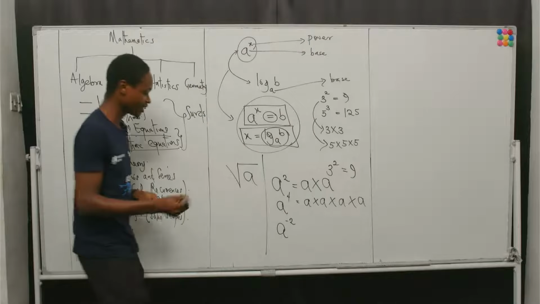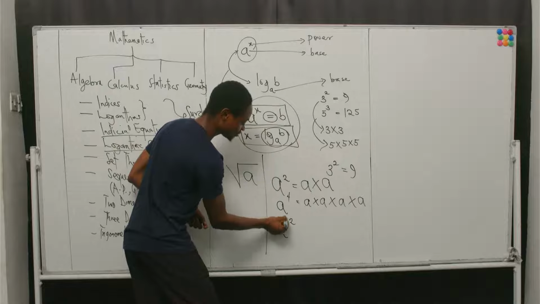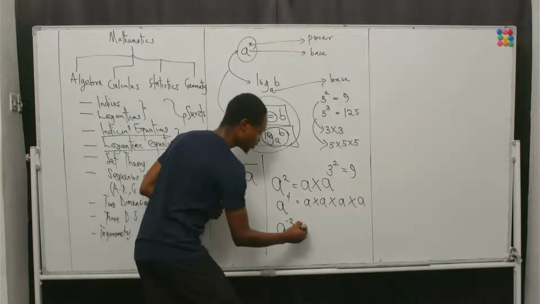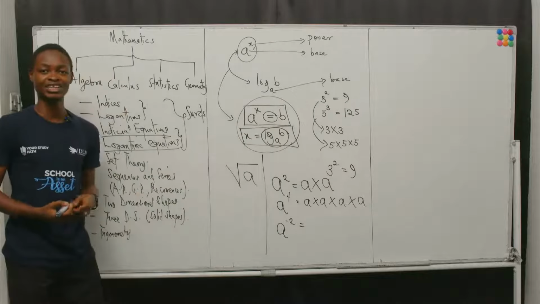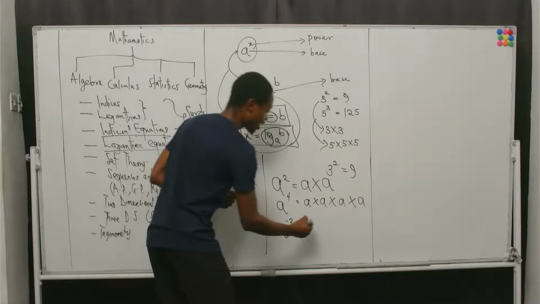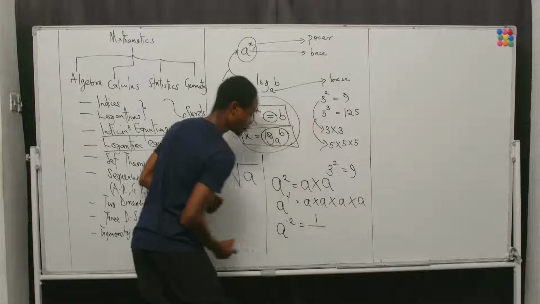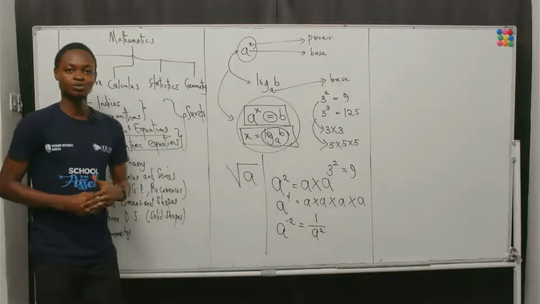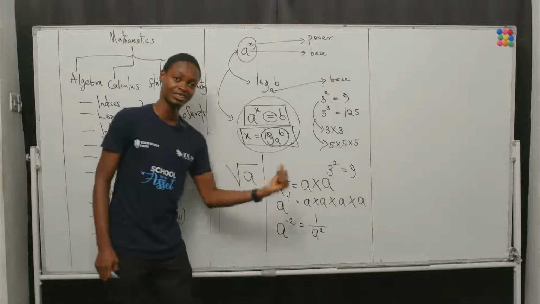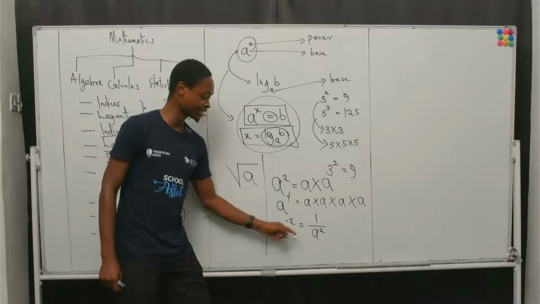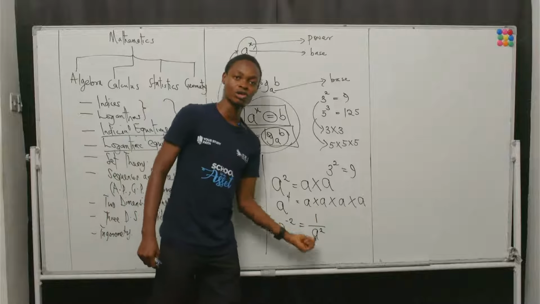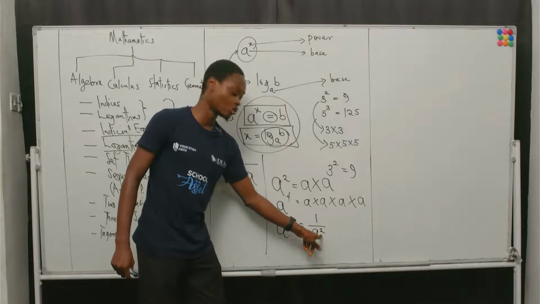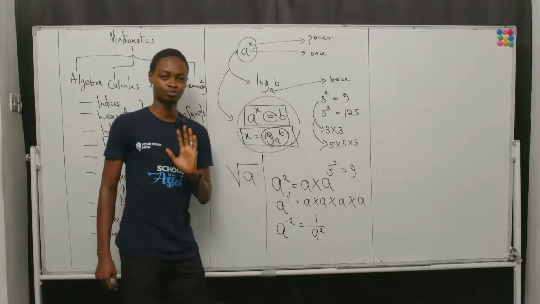In this case, because there is a negative sign, the very first thing we do before we consider the number is to first remove that negative sign. In this case, we will have to express it as a fraction, which means whenever you have a negative of an indices, you first express that indices as a reciprocal, such that now you see that the denominator is a squared, positive 1.